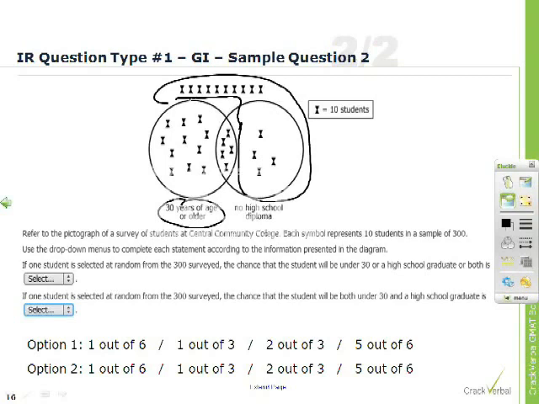Outside of the right circle. This or both. Which is the region which signifies both? Top. So these are the students who are under 30 as well as high school graduates.